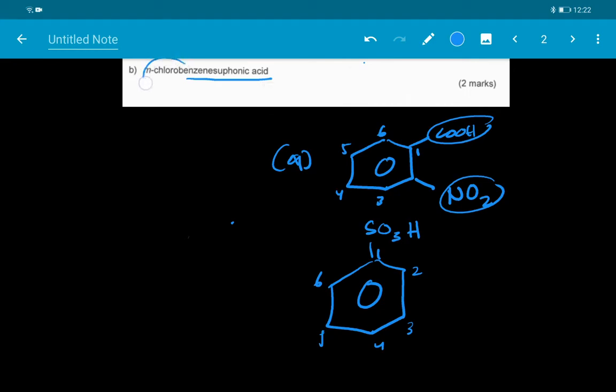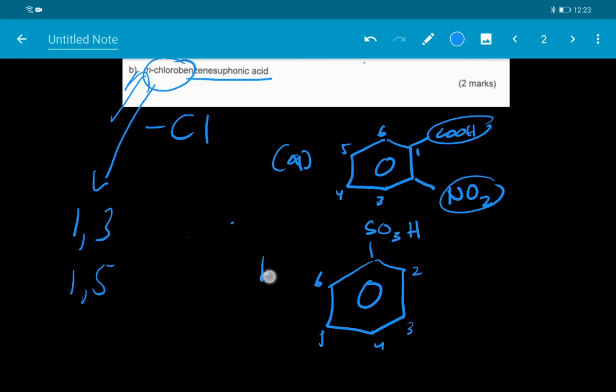And then we have the attachment of the chloro substituent. Chloro is Cl, which is positioned at the meta configuration. So if it is located at the meta configuration, meaning that it is positioned at 1,3 and also 1,5.